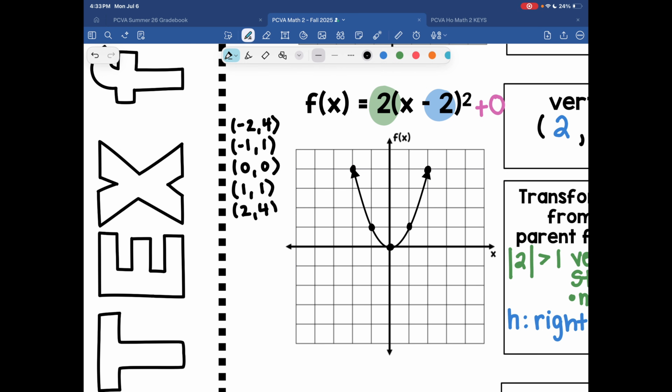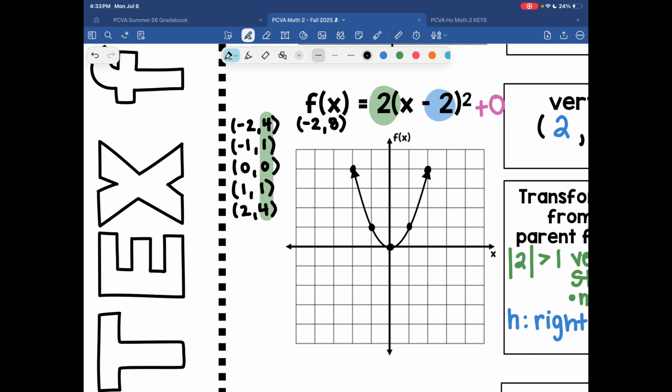So if it's anything dealing with a, that's going to affect the y value. So I'm going to multiply that y value by whatever the a is. So my a value is a 2. So I'm going to multiply this by 2, this by 2, this by 2, and it's going to give me a new point. So if I multiply that 4 by 2, that's going to become -2 and 8.